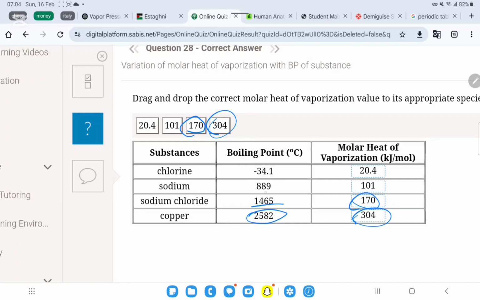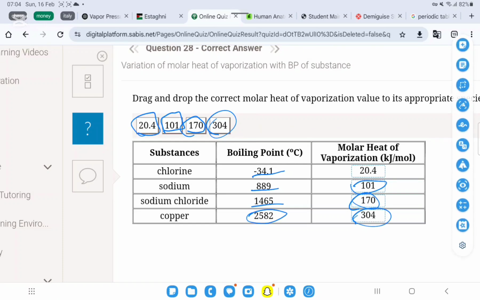Then 889 is the second smallest. You check, the second smallest one is 101, you put it, and minus 34.1 is the smallest one, so you check the smallest one and it's 20.4, so you put it there. That's it.